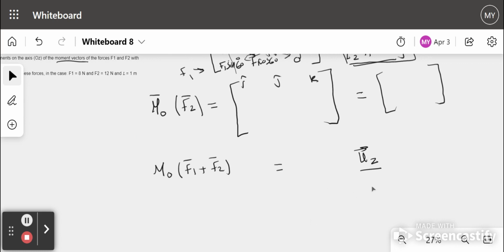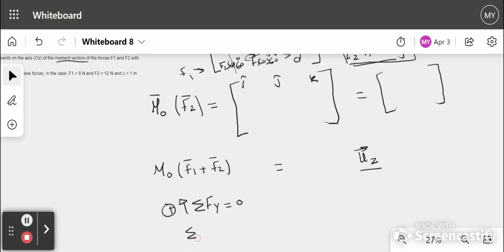We can also solve this by scalar form, not in the vector form. So you can do the sum of moments around the point O, and this scalar form is just easier than this, and it's not as time-consuming as this. So you can do the sum of forces in the y direction is equal to 0, and you assume that upward is positive.